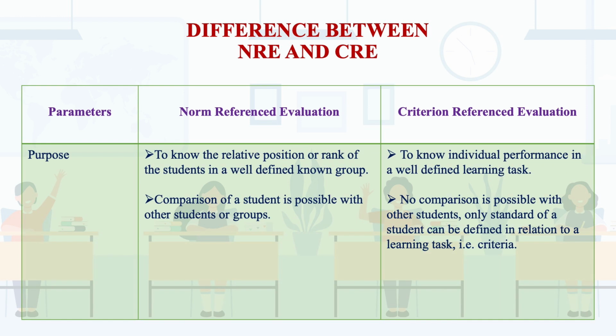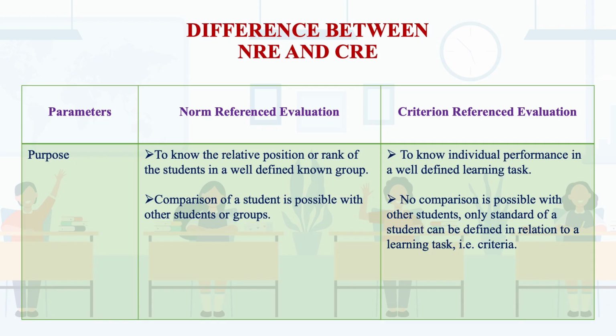So far as the parameter of purpose is concerned, we conduct norm-referenced evaluation to know the relative position or rank of the students in a well-defined known group. Whereas in criterion-referenced evaluation, we do it to know individual performance in a well-defined learning task.